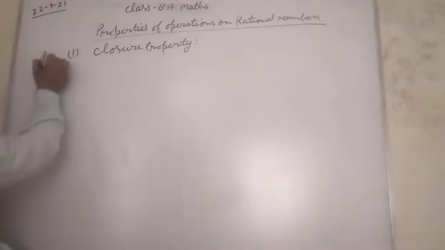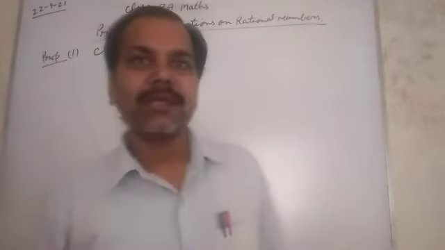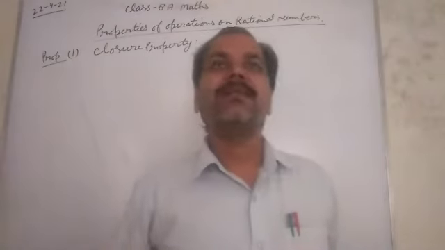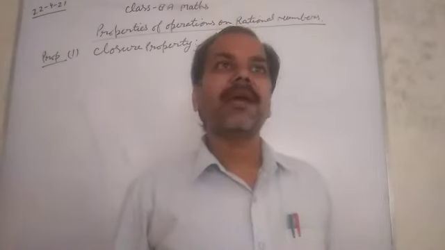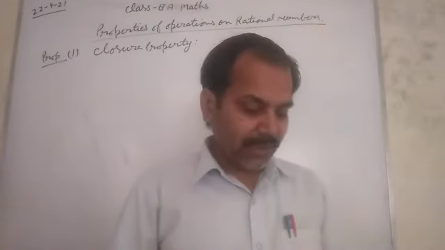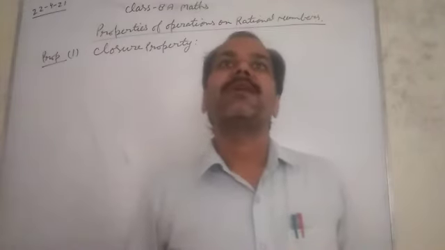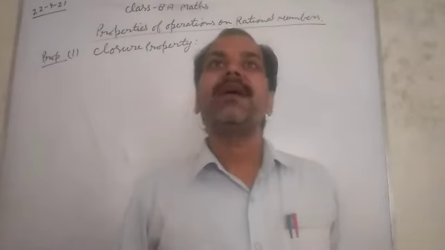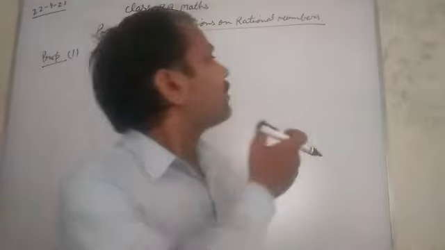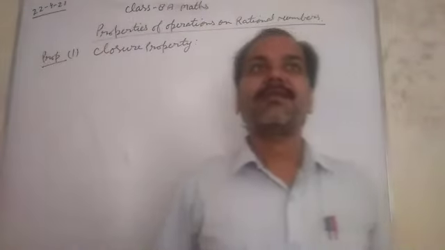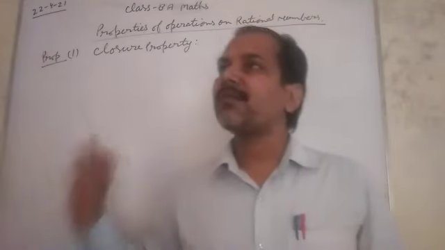So this is property one. Closure property means if we take two rational numbers and we add, multiply, subtract, or divide, and the result is a rational number, then that operation satisfies the closure property.